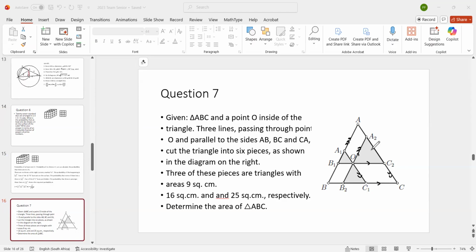So what's the question? 3 of these pieces are triangles whose areas are 9, 16, and 25. So the smallest one has area 9, and another one has 16. These are the areas, right? And they ask you to find the area of the entire triangle.